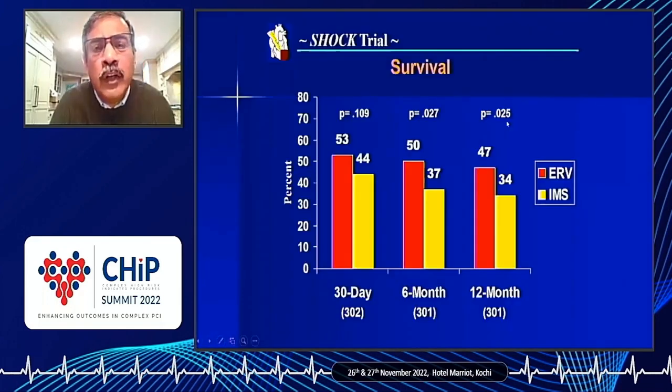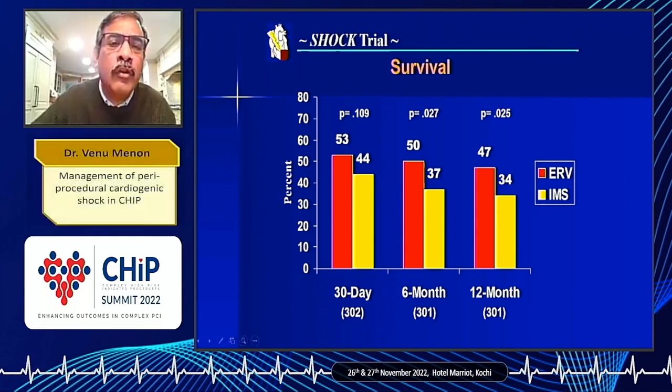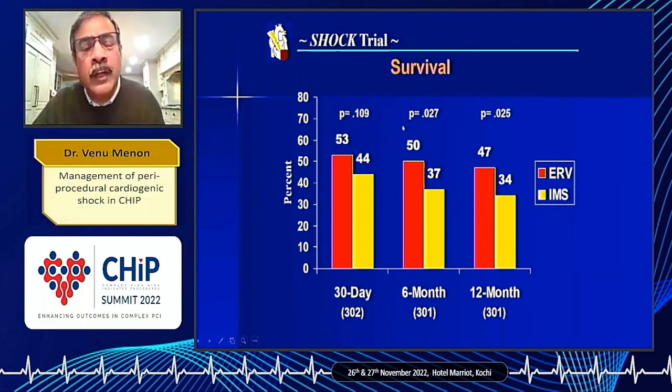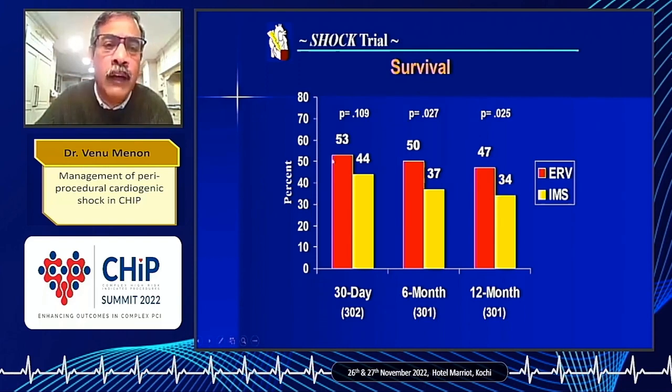When we look at shock, the only real data that we have for us to move the needle has been our efforts in the SHOCK trial dating way back to the 1990s. In the SHOCK trial, we randomized patients to an early revascularization strategy shortly after anatomical definition.